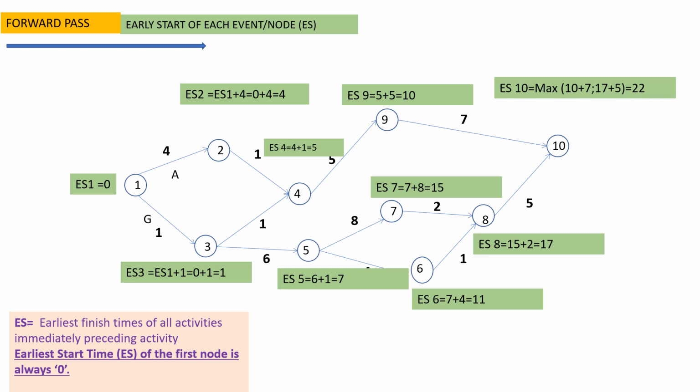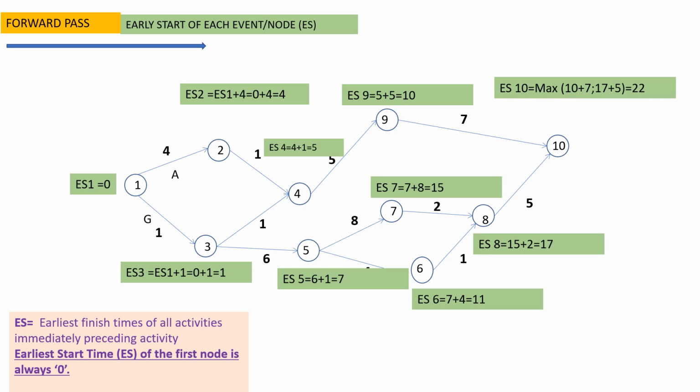Therefore, we calculate early start using both the activities. If we take activity 9 to 10, early start would be 10 plus 7, 17. And if you take activity 8 to 10, early start would be 17 plus 5, 22. Of these, 22 is maximum. Therefore, we have taken 22 as the early start of node 10.